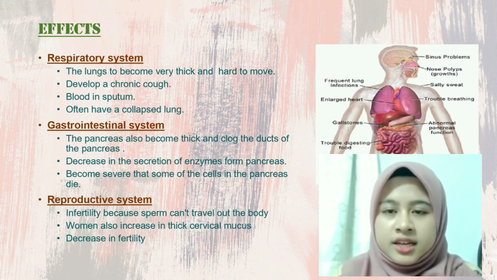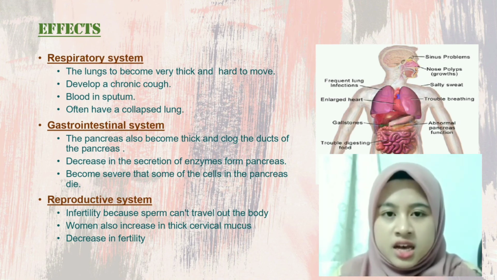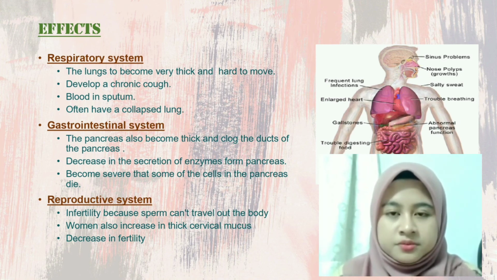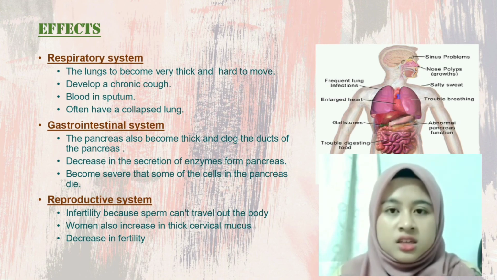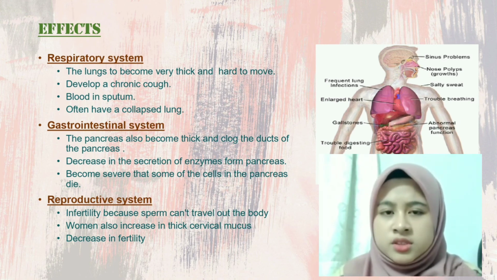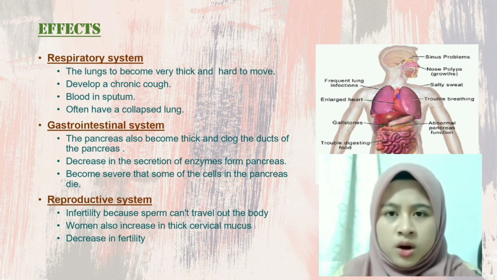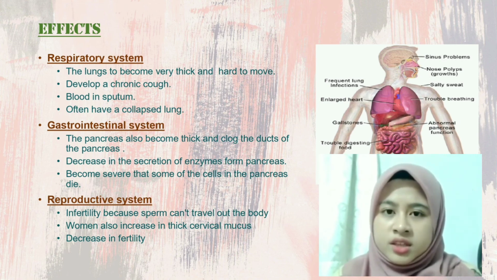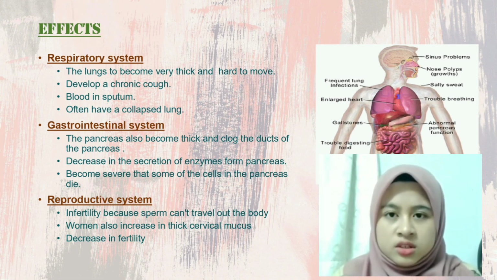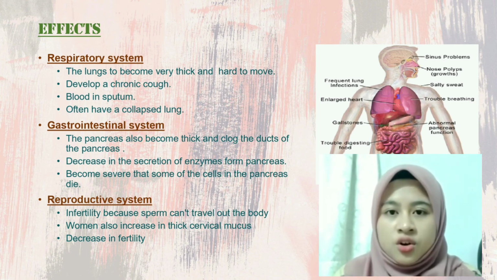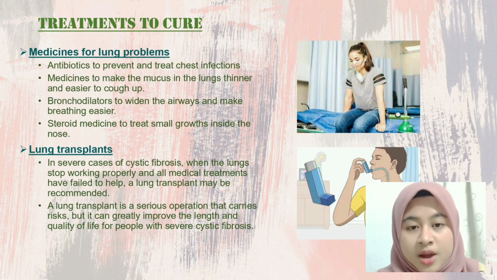The abnormal electrolyte transport system in CF causes the cells in the respiratory system, especially the lungs, to absorb too much sodium and water. This makes, number one, the mucus in the lungs become very thick and hard to move, second, develop a chronic cough, third, blood in sputum, and fourth, often have a collapsed lung.